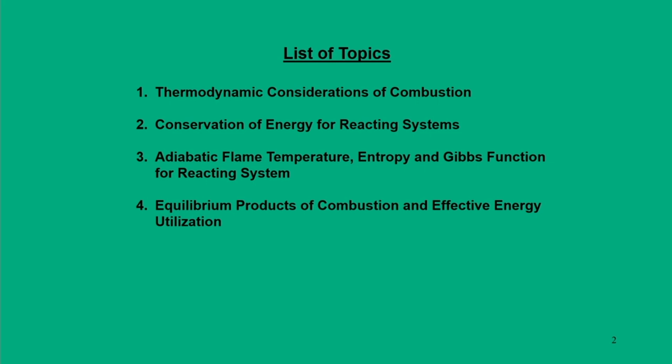In addition, we have another thermodynamic parameter which we introduced in module 3, the Gibbs function, and here we will see how the Gibbs function finds its applications in reacting systems.